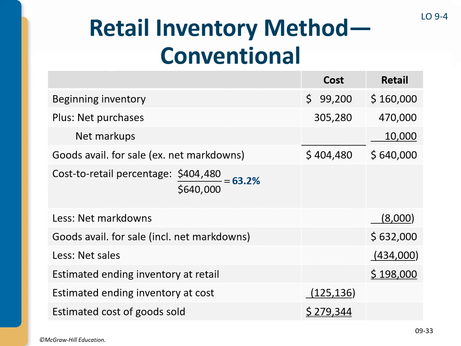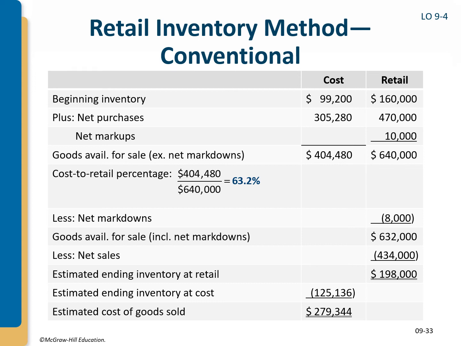But just add net markups at this point. Now calculate your cost to retail percentage. So you notice our percentage will increase, 63.2%. Now subtract net markdowns, then subtract net sales to get your estimated ending inventory at retail. So we're just not subtracting it to get the total to include in our cost to retail percentage calculation. We don't subtract it when we're using the conventional method of the retail inventory method.